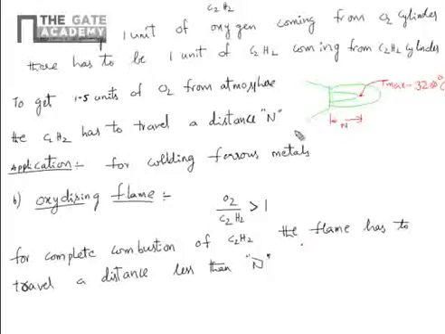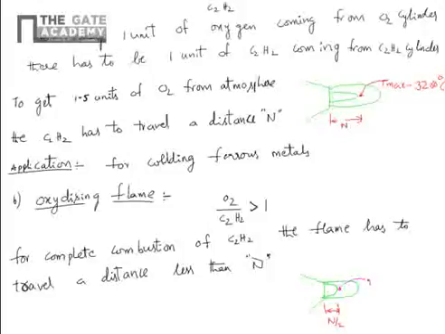So the diagram will look like this: the inner cone will be smaller, around n by 2 to n by 3. It's not fixed, but it is less than n.